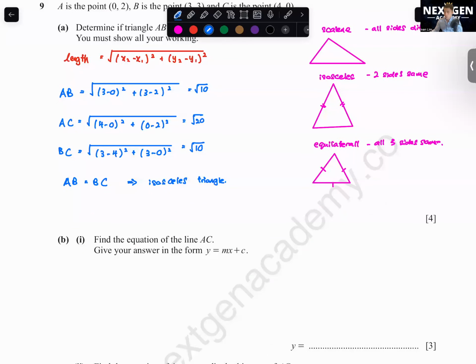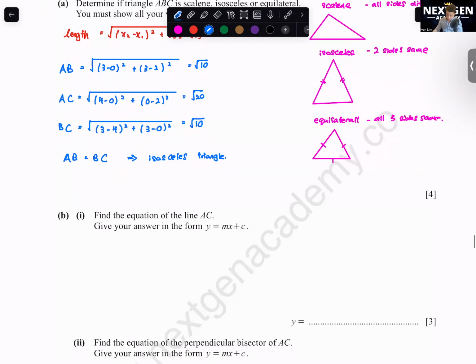Okay, let's go to question B1. Find the equation of the line AC. Give your answer in the form y equals mx plus c. We use the 2 points, A and C, (0, 2) and (4, 0). The first thing that we're going to find, let's find the gradient of AC. 0 minus 2 over 4 minus 0.